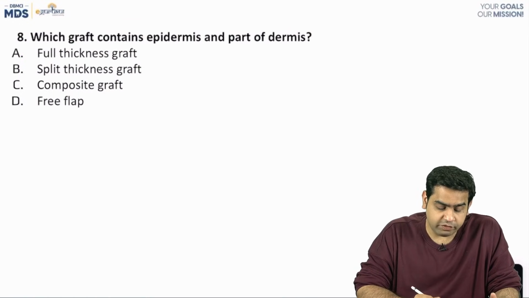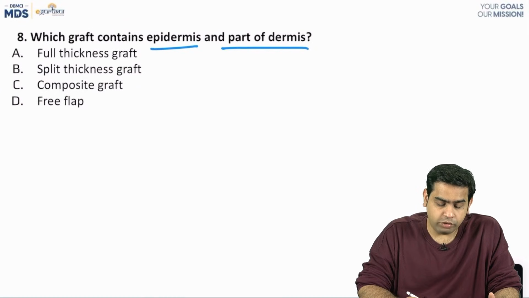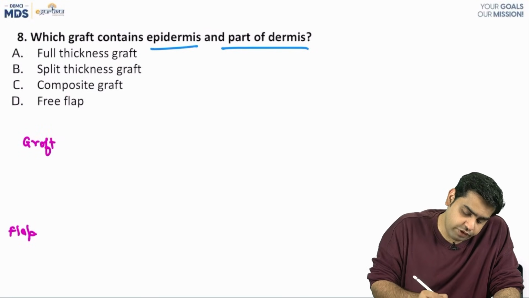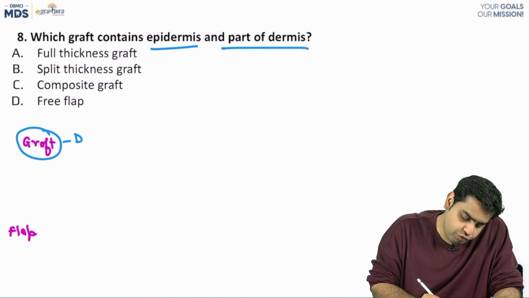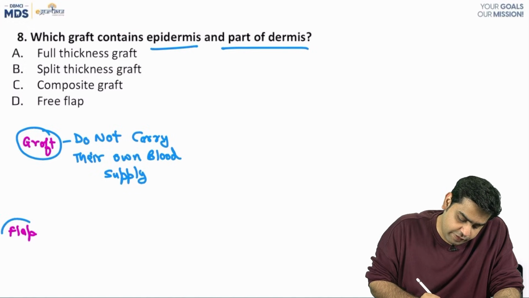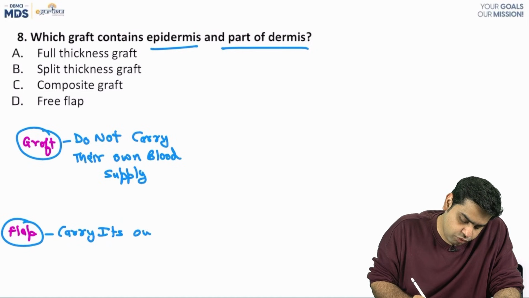Now, which graft contains epidermis and the part of the dermis? So what you need to understand is that first thing is the graft and the flap. So what is the difference? The grafts do not carry their own blood supply, and the flaps carry their own blood supply.